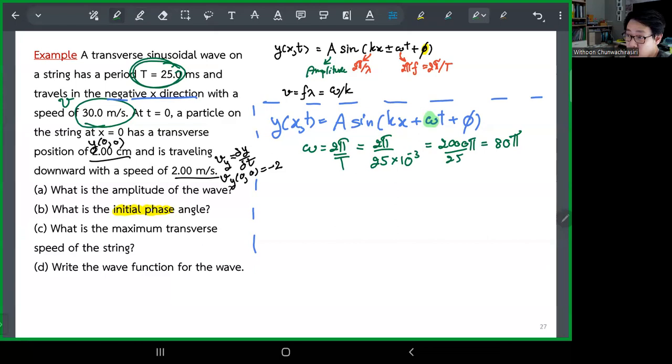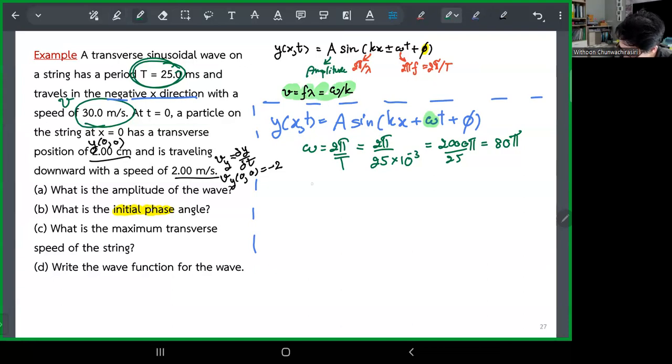What else do you know? You know the speed of the wave, v, and you already know omega, or the period. You can use whatever you like. So apply this equation over here, and you should be able to figure out k, right? So try that one as well.